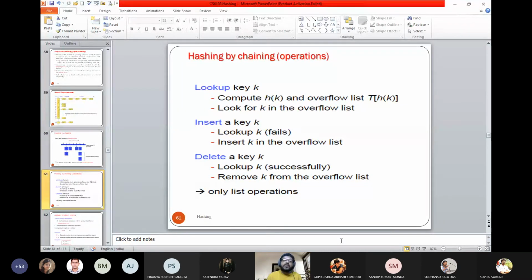Sometimes you'll be asked to write down the ADT, or abstract data type, of a hash function. Initially it is a representation; we only talk of insertion and deletion. Then come functions like collision resolution, and within collision resolution you have different types of functions.